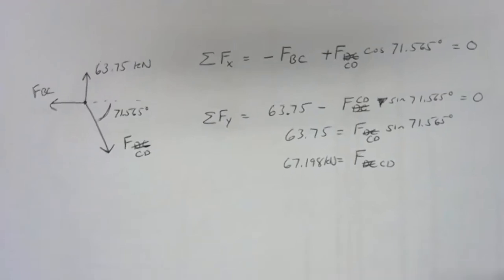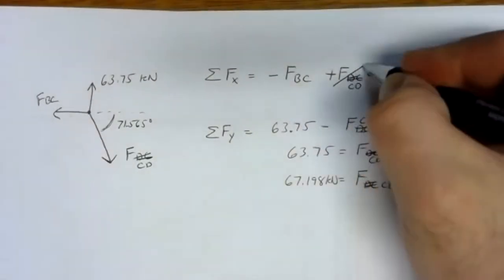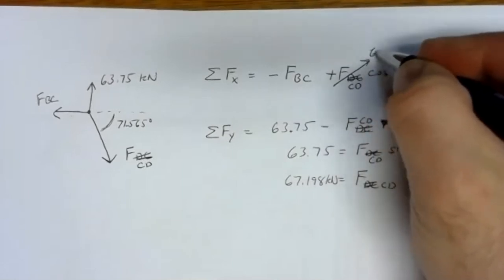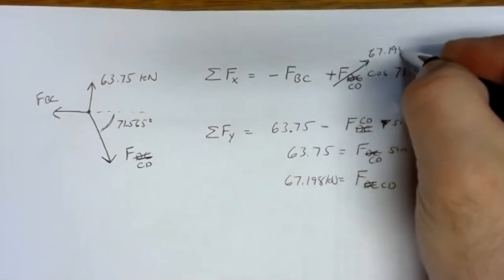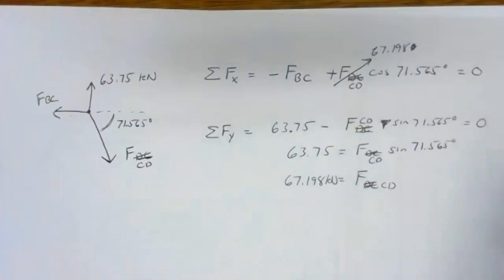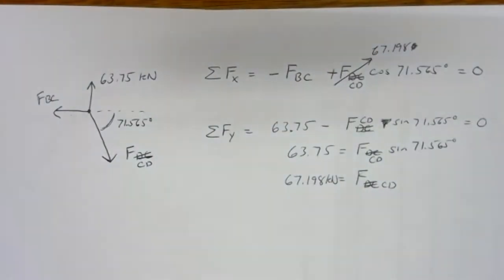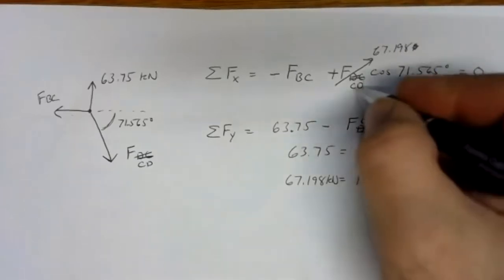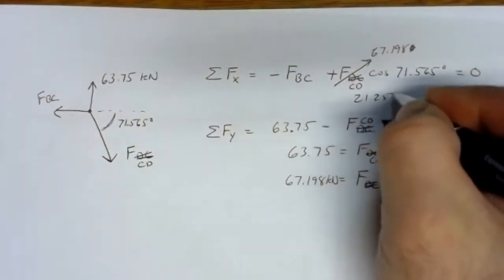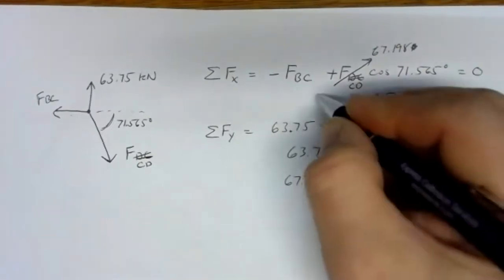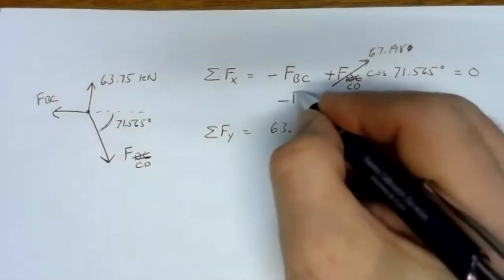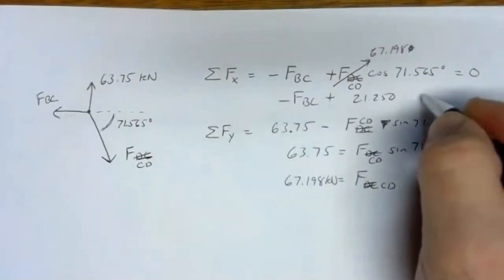We can go up to our x direction equation and plug in that 67.198 kilonewtons. If we take 67.198 times the cosine of 71.565, we get 21.250 plus the negative FBC equals 0.